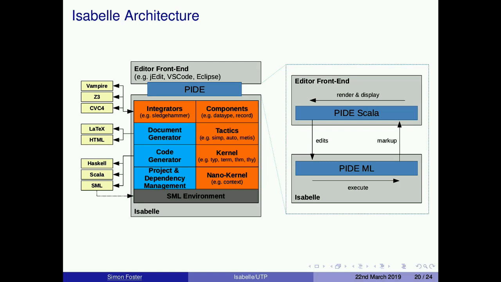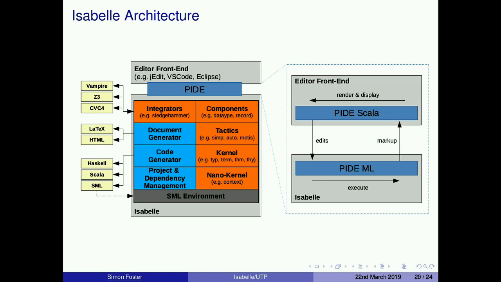And then it sends you back markup. So as you're editing, Isabelle is taking those edits, trying to work out what those edits mean, and informing you of what they mean. So it's asynchronous proof processing, so you can actually see the output of Isabelle as you're typing.